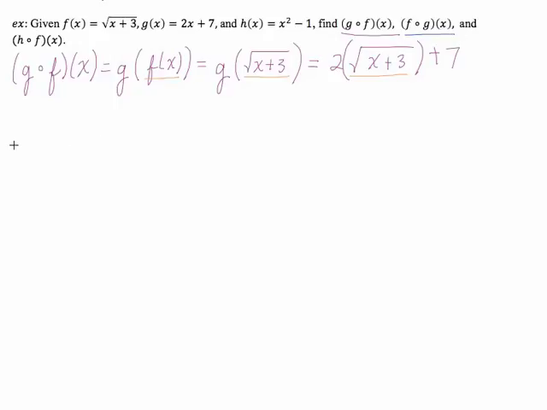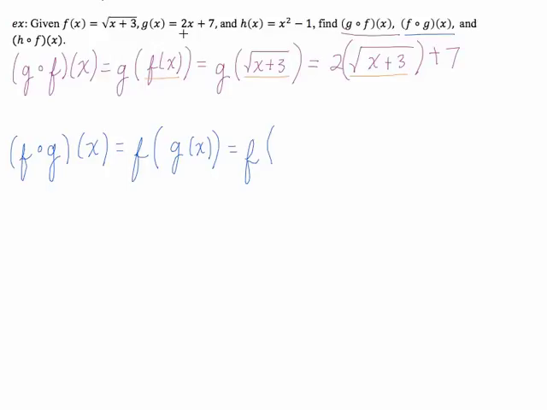Next, we're going to find f composed of g of x. And I should have mentioned, this does not simplify any further in this case. Some of these may, we'll see. So f composed of g, that means f of the function g of x. g of x is defined as 2x plus 7.